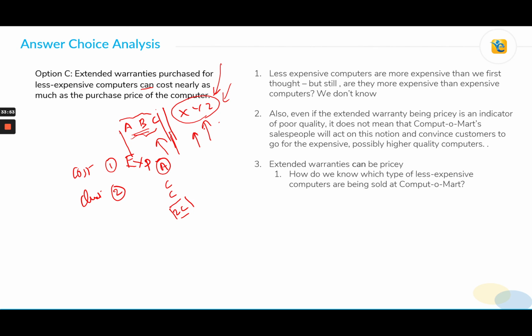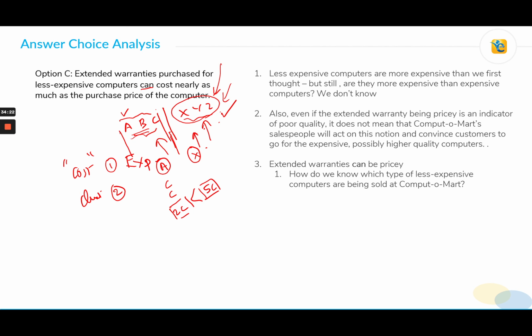But what if the bare minimum cost of any among X or Y or Z, let's take X for example, is already 5C? You do not know how the cost of these models compares to the cost of the more expensive models, even along with the warranty. Even in a case like this, I would happily simply buy the cheaper one if I am a very cost sensitive customer, right?